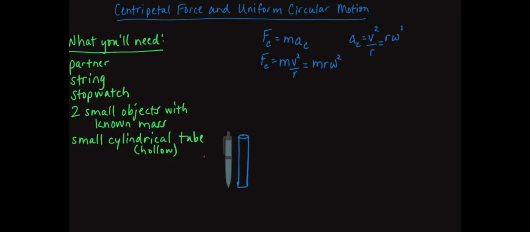If you don't have a kit, then you can find something around your house, and it can be anything. And if you don't have a scale for measuring the mass, then Google it and find an estimated mass. And when you record your data, just notate whether you used a scale or whether you estimated it and how you estimated the mass. You'll also need a small hollow cylindrical tube.